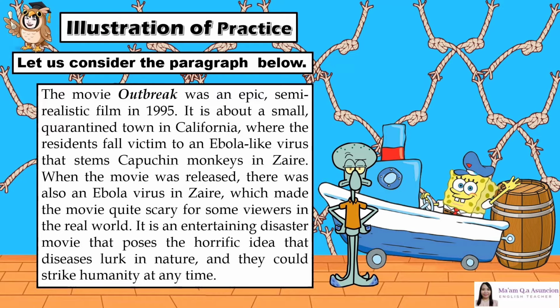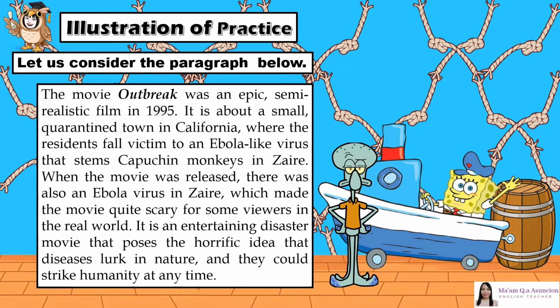When the movie was released, there was also an Ebola virus in Zaire, which made the movie quite scary for some viewers in the real world. It is an entertaining disaster movie that poses the horrific idea that diseases lurk in nature, and they could strike humanity at any time.